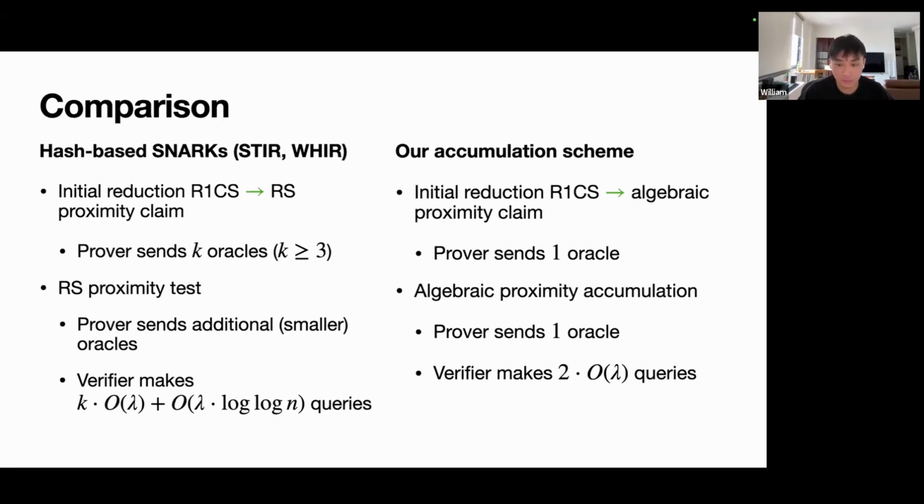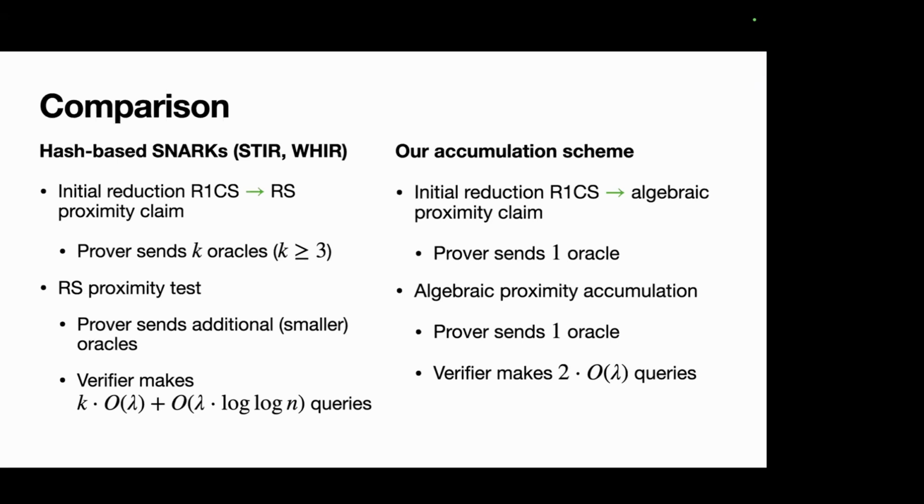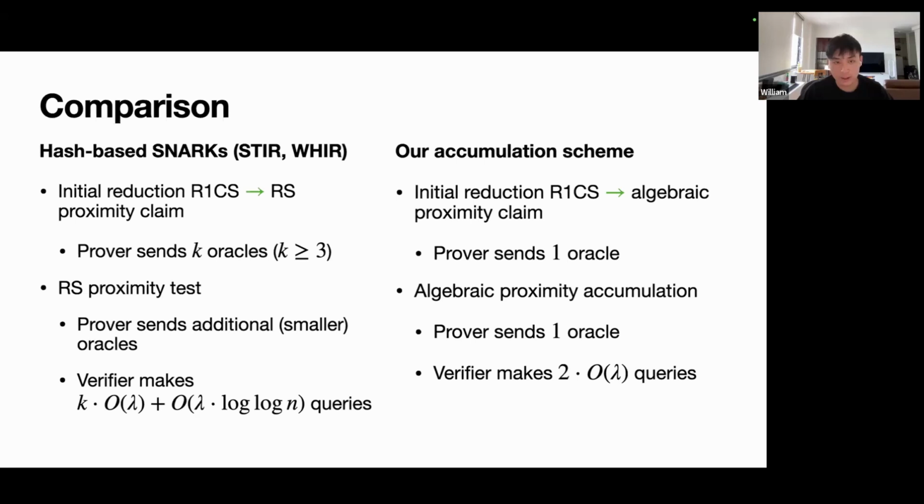It depends on what K is, and it depends on how the parameters are concretely set in terms of this log n factor. But I think it's clear. Morally speaking, this accumulation scheme is a proper accumulation scheme, whereas the thing on the right is more of a folding scheme, and the intermediate thing I would consider less useful.